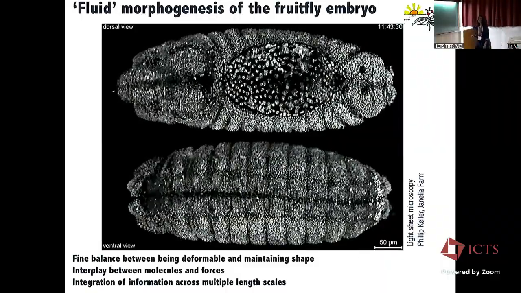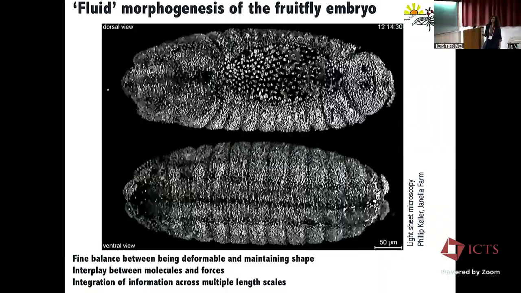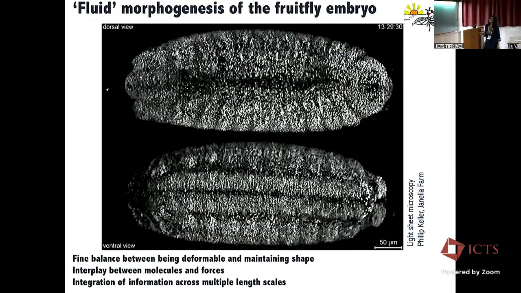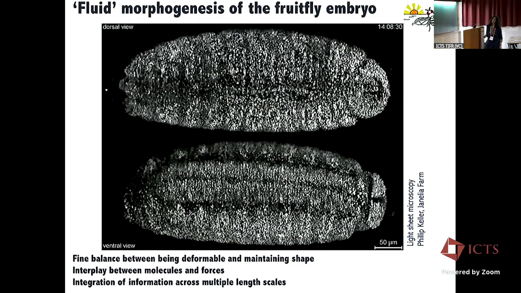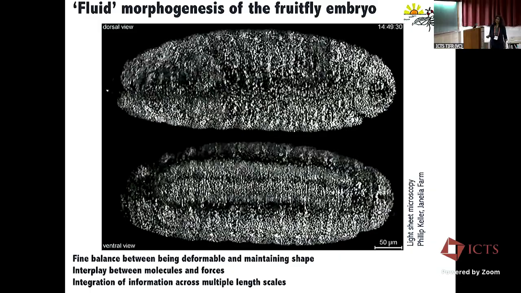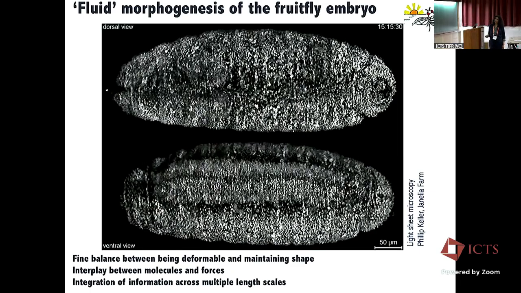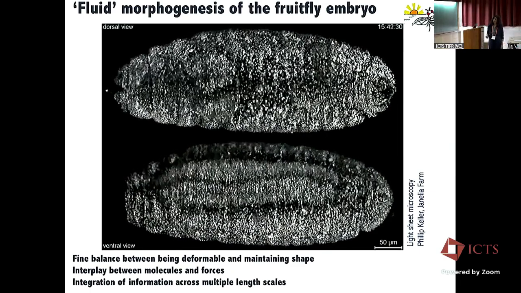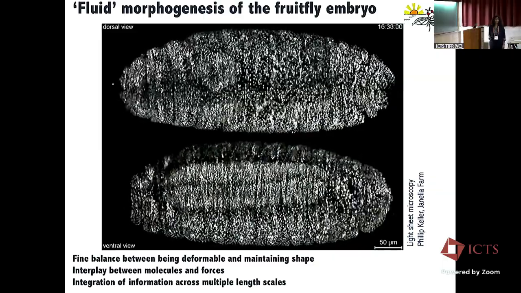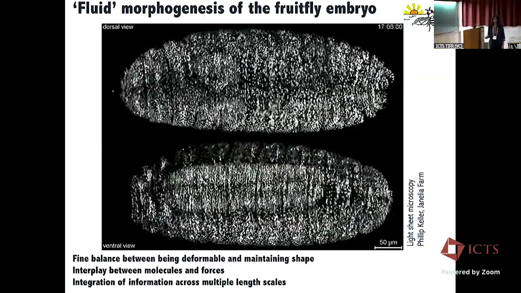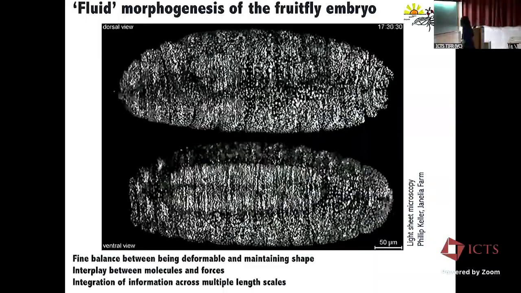And so we've been interested in looking at how, in this seemingly fluid morphogenesis of the fruit fly embryo, the embryo maintains a balance between being deformable and maintaining shape. What is the precise nature of the interplay between molecules and forces, and how is information integrated across multiple length scales?